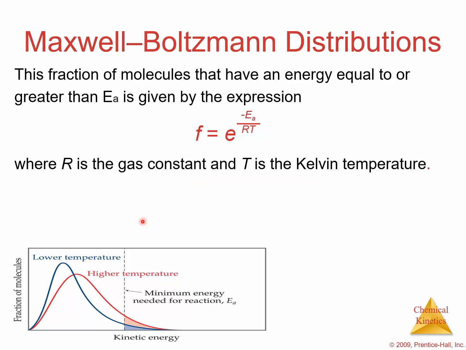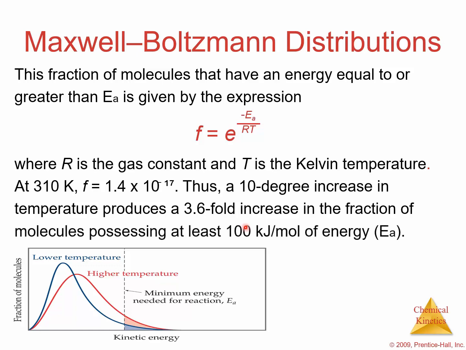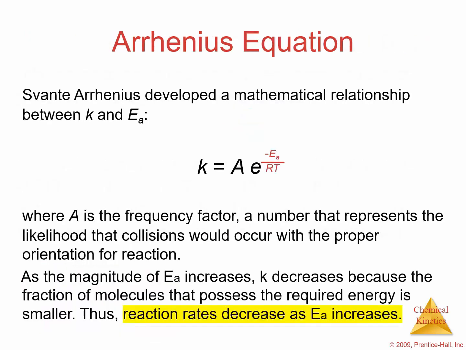Now, a calculated value of f at 310 Kelvin is equal to 1.4 times 10 to the minus 17, which means a 10-degree increase in temperature produces a 3.6-fold increase in the fraction of molecules possessing at least 100 kilojoules per mole of energy.